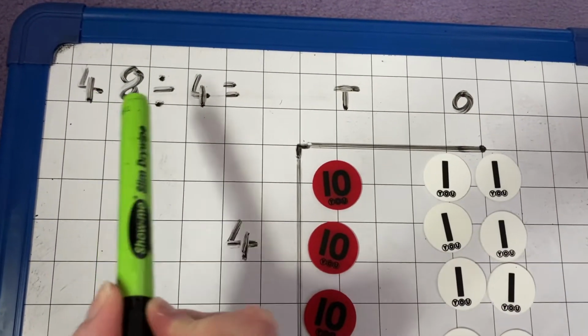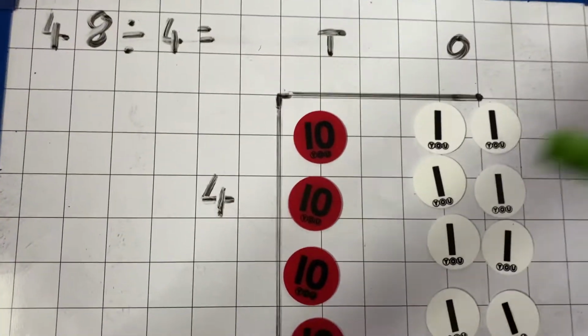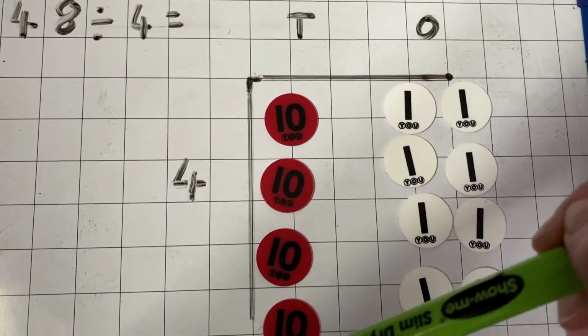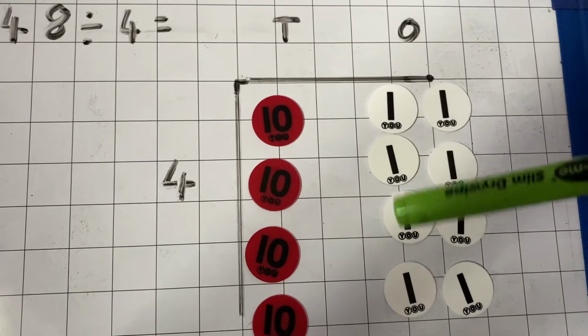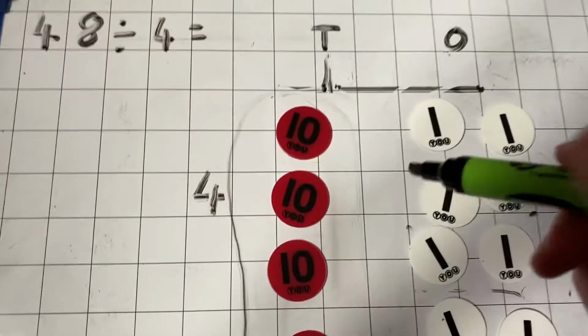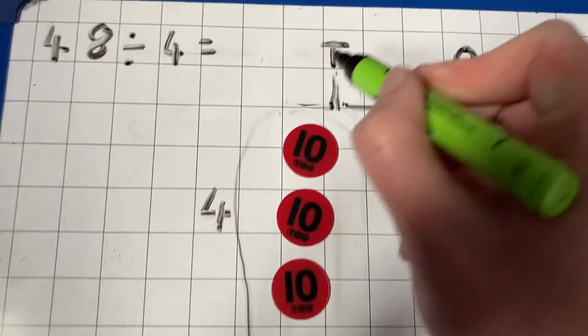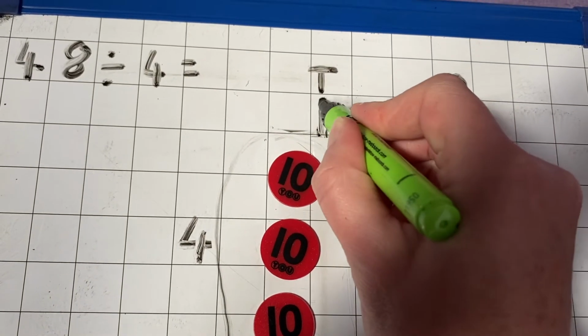I have 48 divided by 4. Here are my 4 tens, 40. Here are my 8 ones. Here you can see that I have one group of 4, therefore I would put a 1 here.